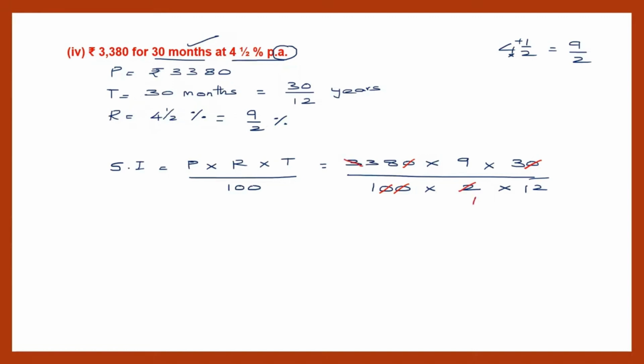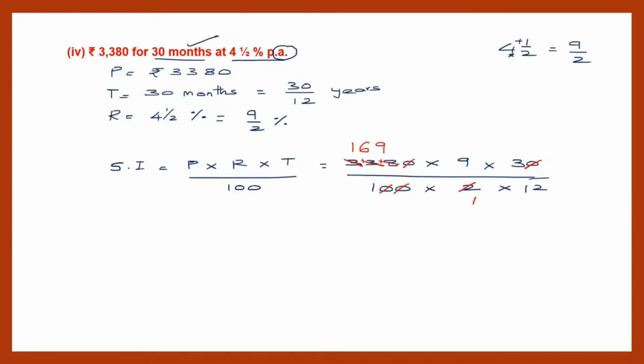Now here 2 ones are 2 and what is remaining? That's 3, so 1 is remaining. Now the number is 13. 2 sixes are 12. Now what's remaining? 13. 1 is remaining. Now it's 18. 2 nines are 18. Now if you're finding it difficult to cancel like this, divide 338 by 2 and you will get 169.